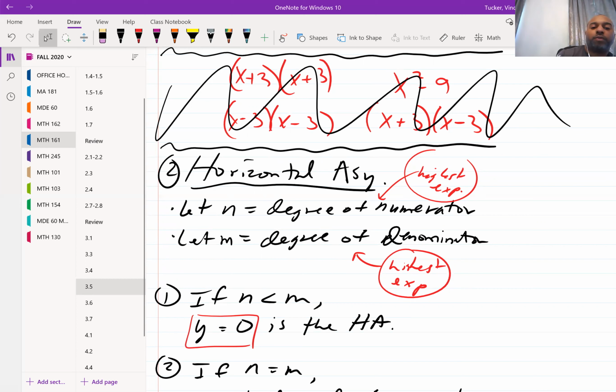All right. So first condition, if n is less than m, then your horizontal asymptote is just 0. Y is equal to 0. Notice for the horizontal asymptotes, we use y. For the vertical asymptotes, we used x.